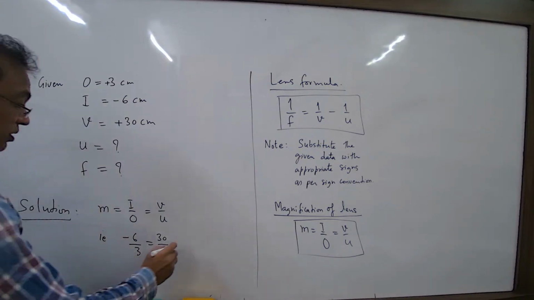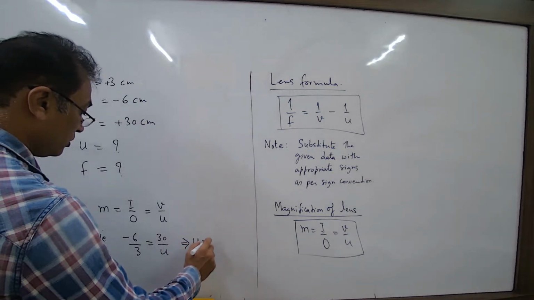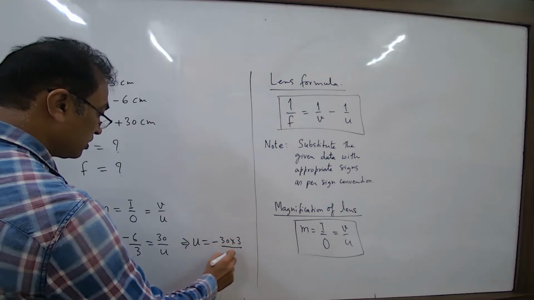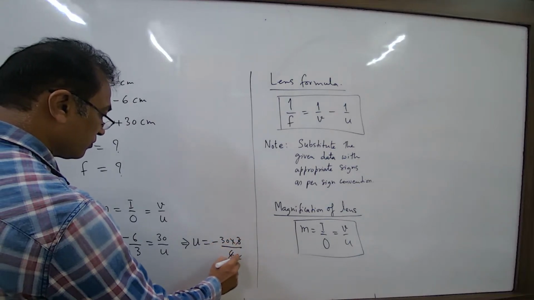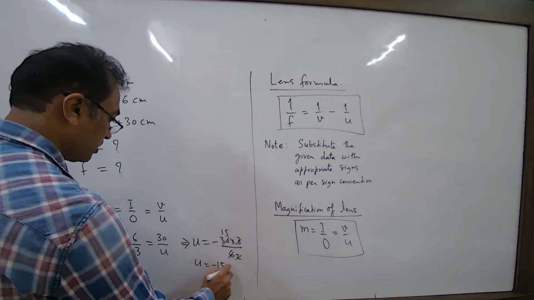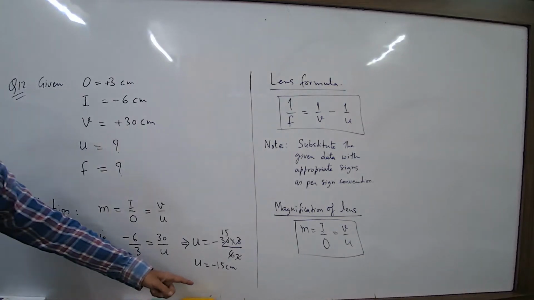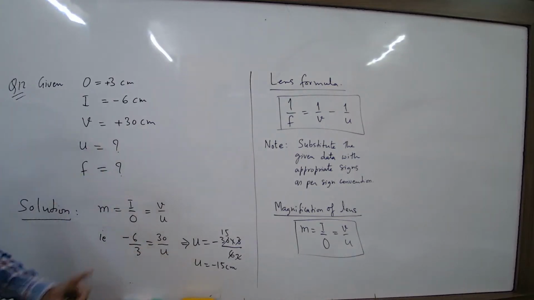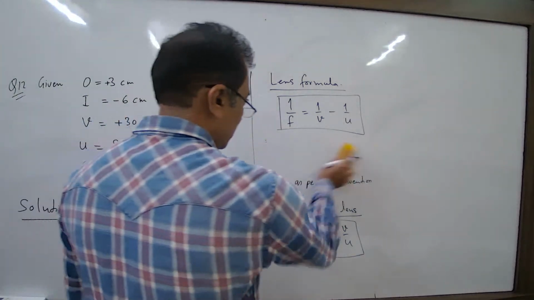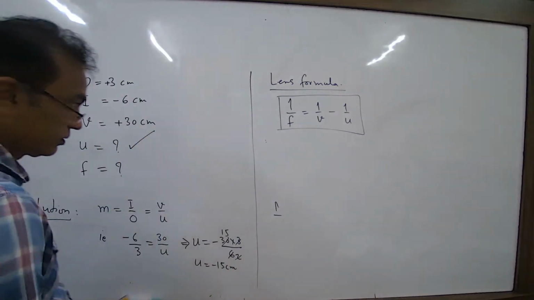So now cross multiply. U is equal to, take the minus sign here, 30 into 3 divided by 6, which is 15. So U is equal to minus 15 centimeter. In the answer you are getting U negative, so it should be correct.